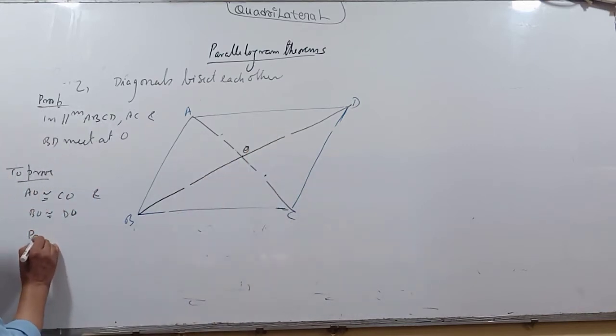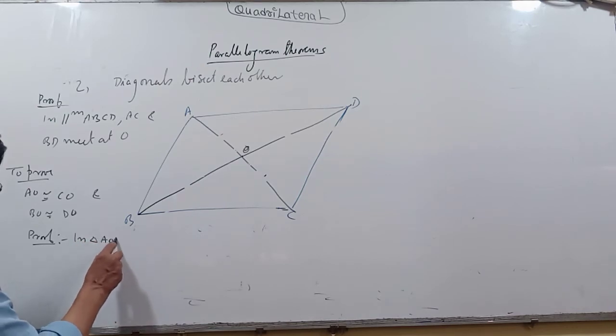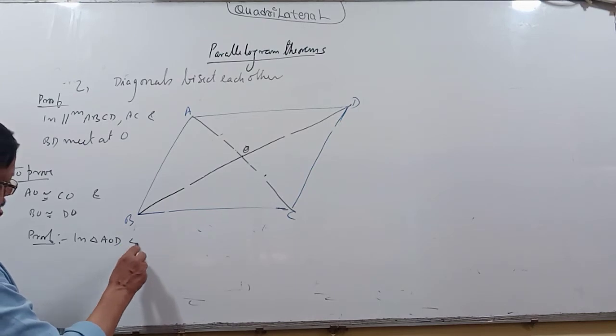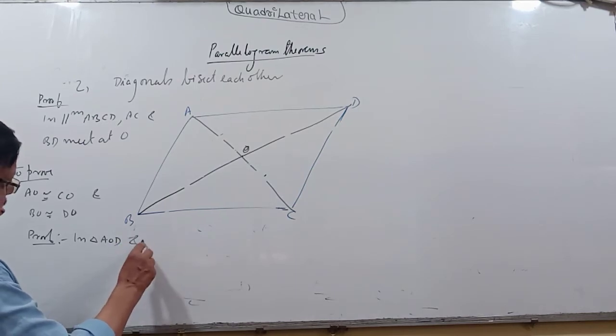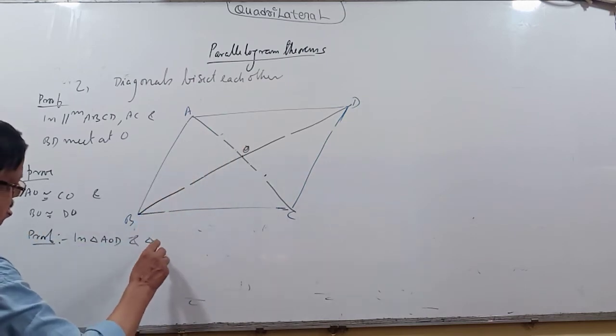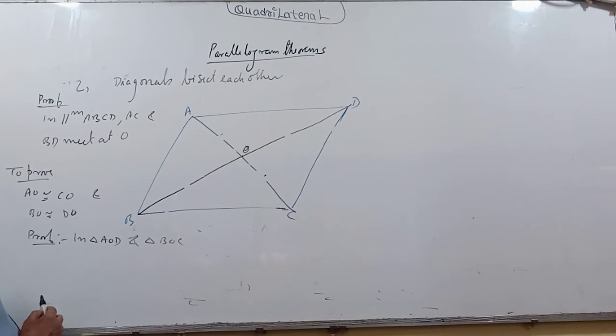Proof. In triangles AOD and BOC, we already proved that AD is congruent to BC.